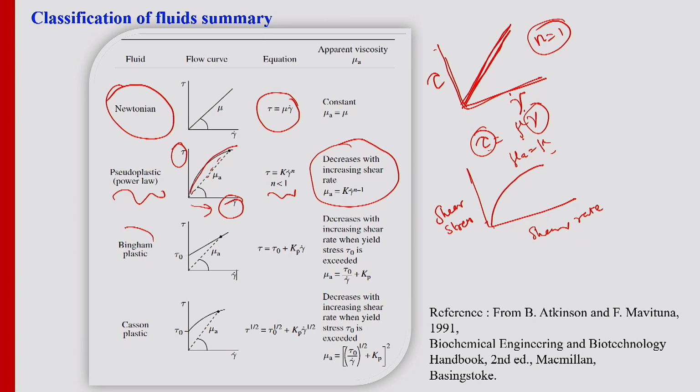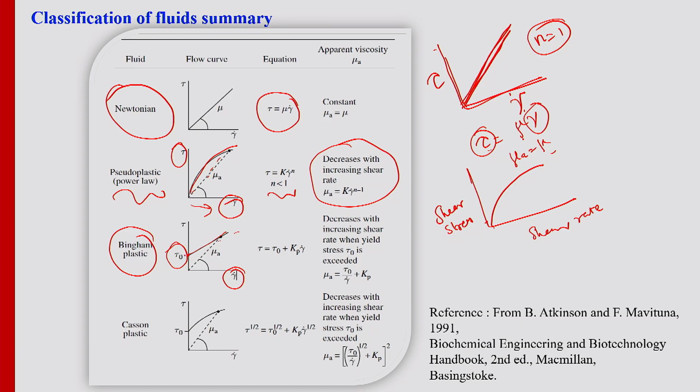Then the other one is Bingham plastics. In the Bingham plastic, same way, this is shear rate and the other is shear stress, but up to tau naught nothing happens here. When you increase the shear rate nothing happens, but once you reach tau naught, it slowly increases and behaves as a Newtonian.